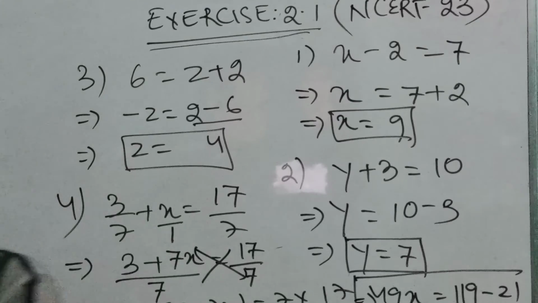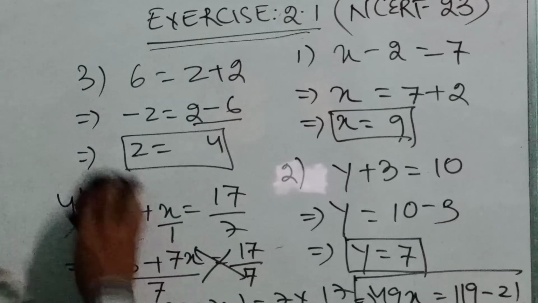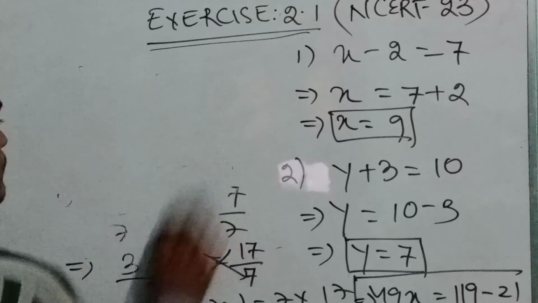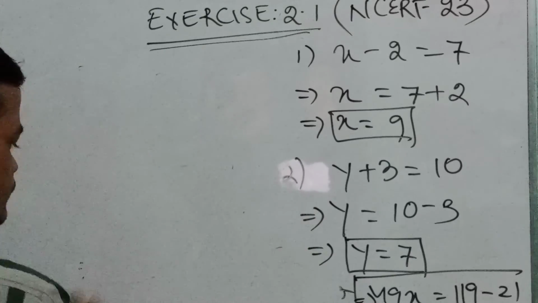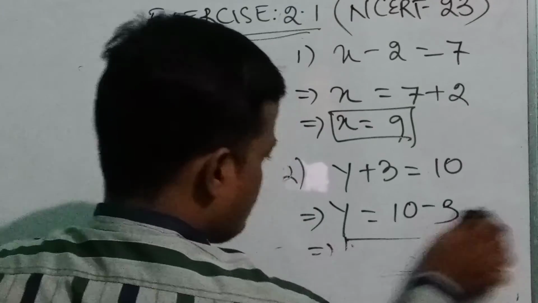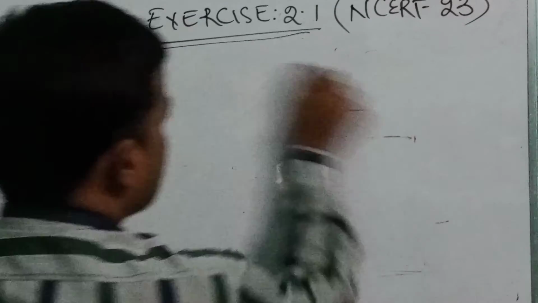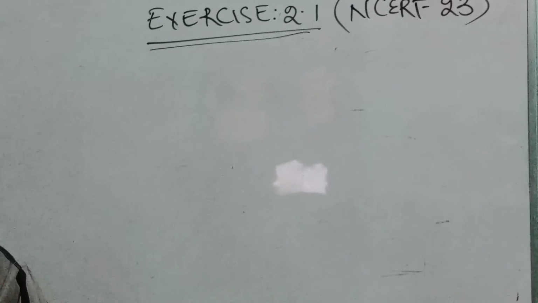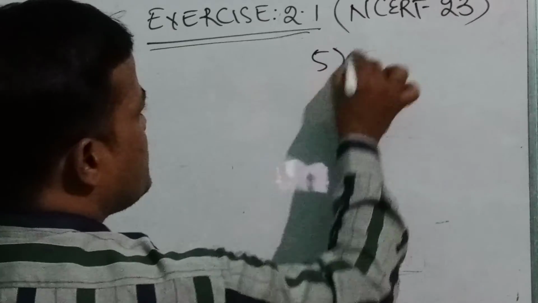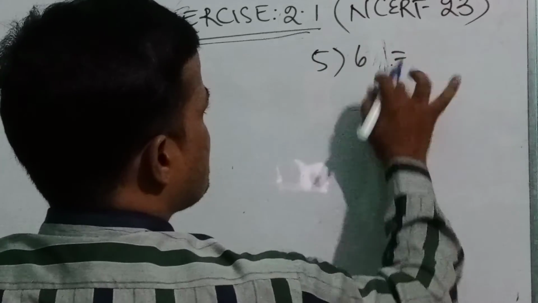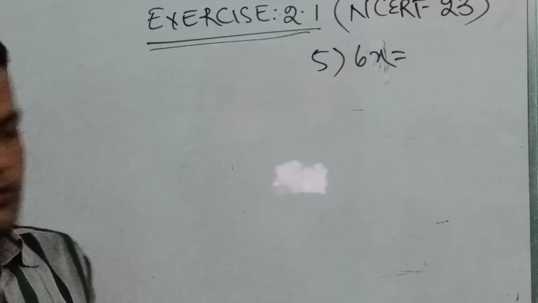This is our number 4 question. You can do the remaining. Next question, number 5: 6x equal to 12.